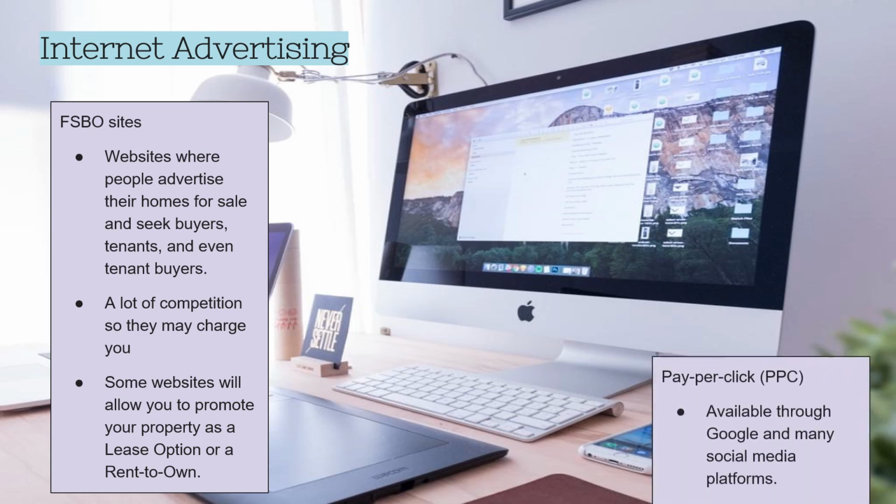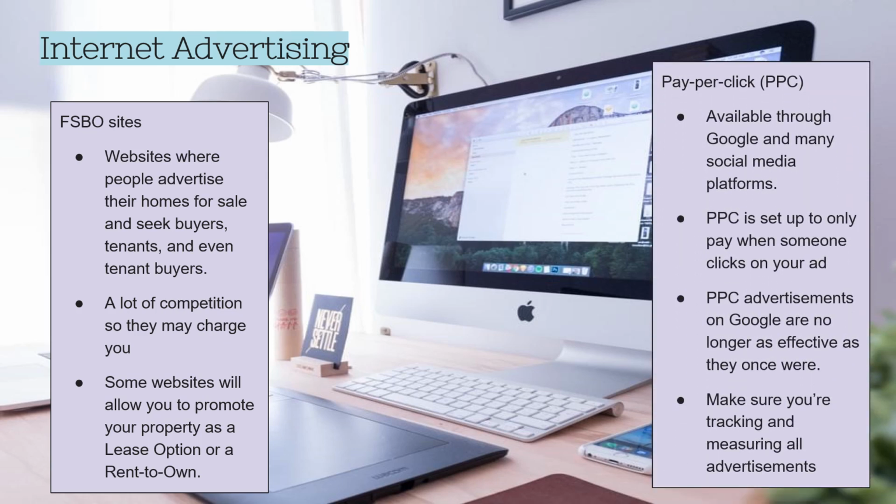So PPC on social media like Facebook, YouTube, or Google. These are one of the preferred ways that I personally use, and they can be easily set up, and we'll be teaching you a bit on that, how to use PPC to target the clients that you are looking for.